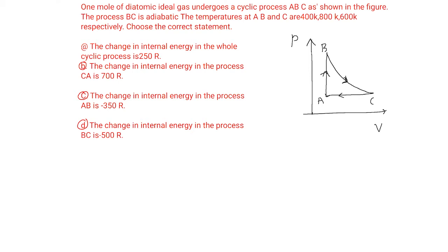At A, 400 Kelvin. At B, 800 Kelvin. At C, 600 Kelvin. BC is isothermal process, they said. Sorry, BC is adiabatic process. Now what they're asking is the change in internal energy in the whole process and also in each process.